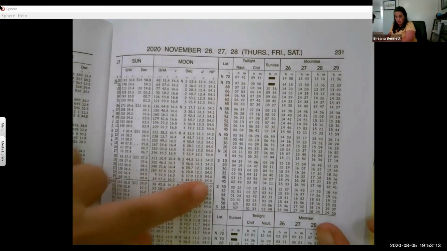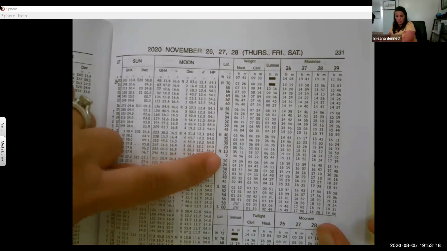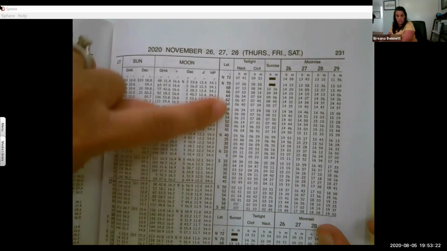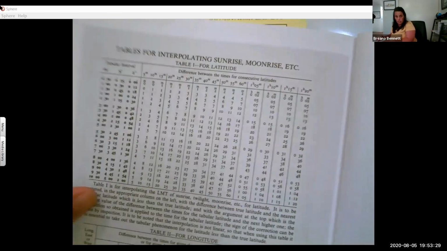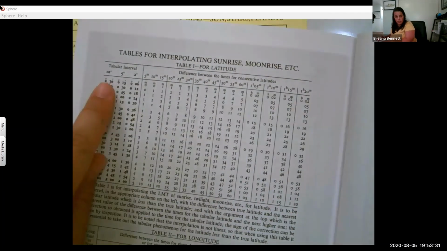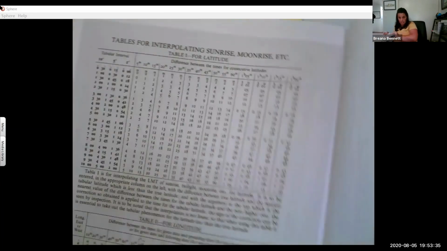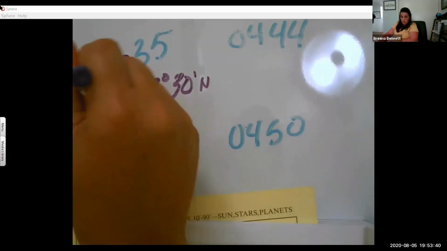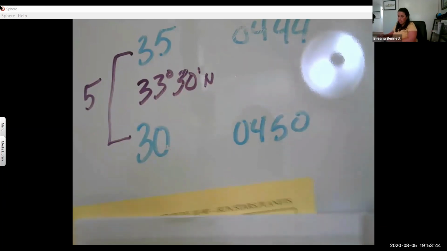So the lower latitudes have an interval of 10, mid latitudes interval of 5, and higher latitudes interval of 2. So when we go back to this page, we have a tabular difference of 10, 5, or 2. In my case, it's 5, right?